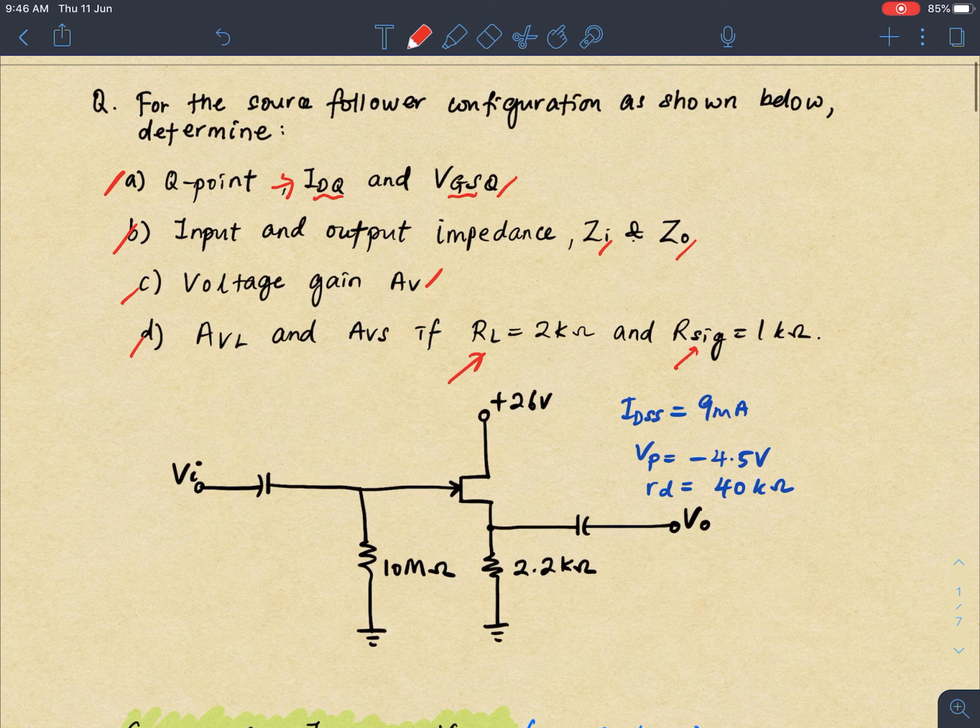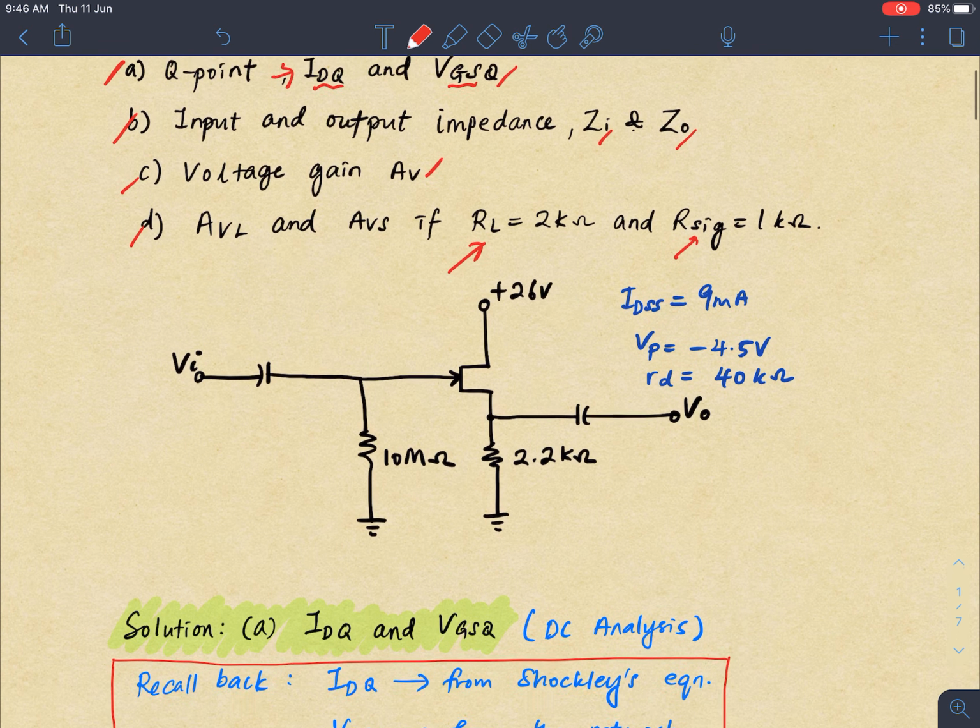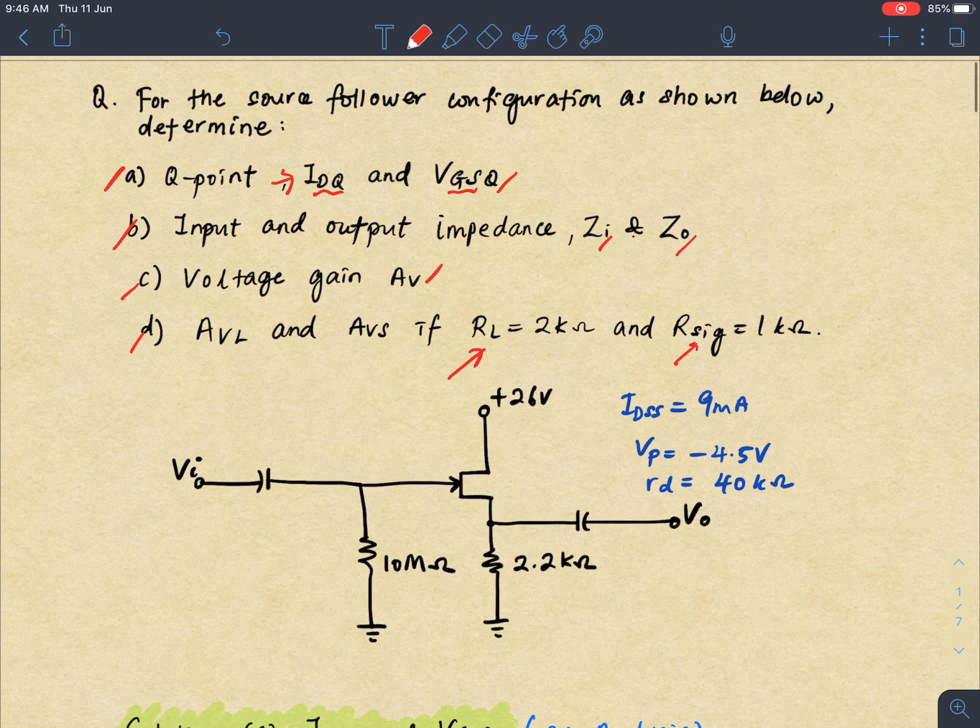Okay. For question A, we need to do the DC analysis first, because IDQ and VGSQ can be solved during DC analysis. The information given in this question is IDSS, VP and RD.